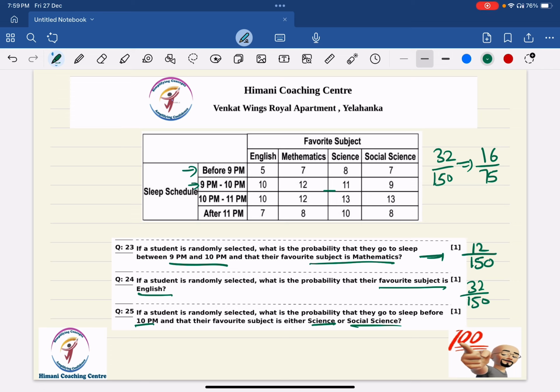So from these two, science is 19 and social science is 16. So 19 plus 16 is 35 and total students are 150. We can divide by 5 and you get 7 by 30 as the answer.